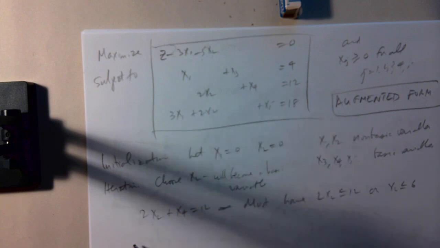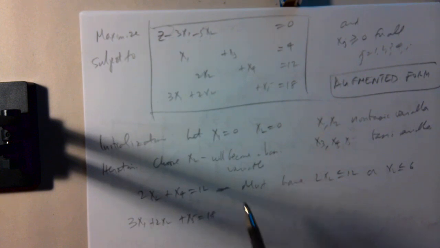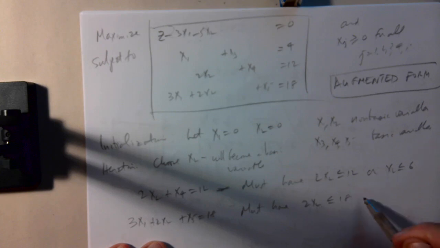If we look at the third equation, 3x1 plus 2x2 plus x5 equals 18, x1 is equal to 0. We haven't changed that. So we must have 2x2 less than or equal to 18, or x2 less than or equal to 9.